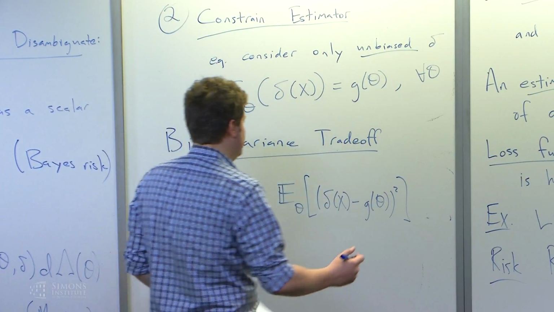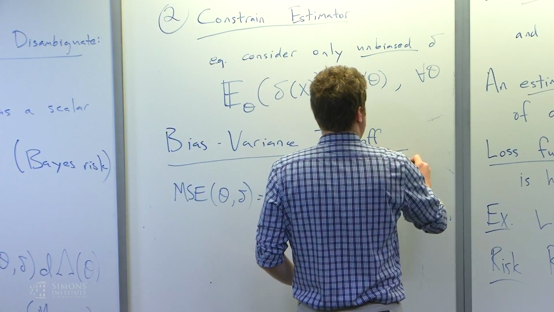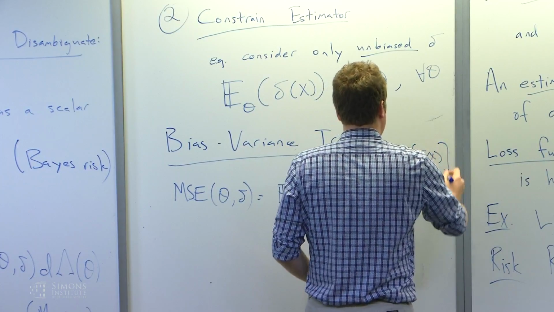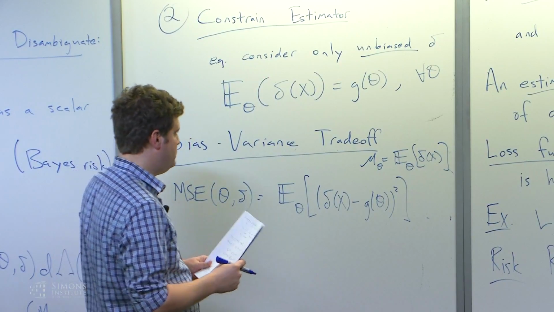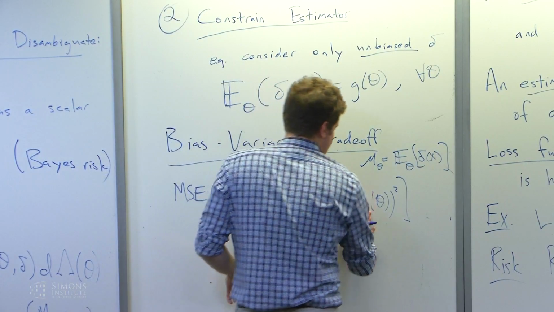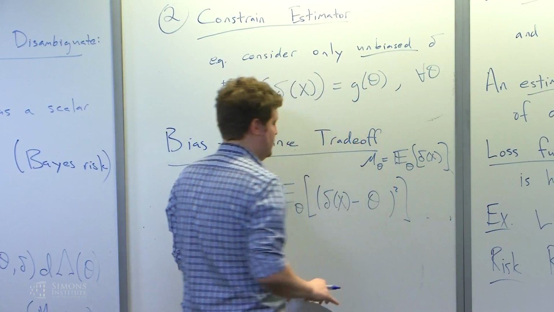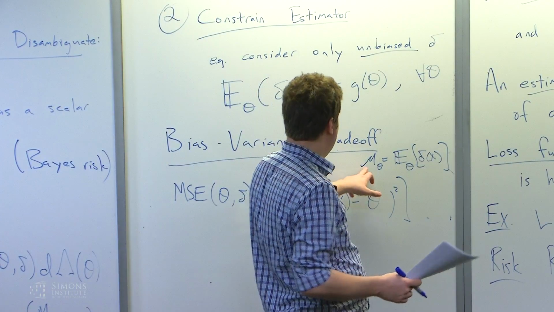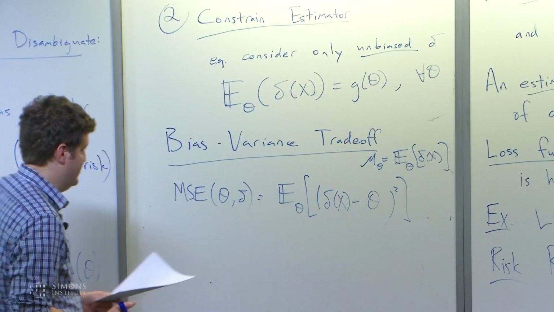Here I'm going to define mu sub theta to be the expectation of delta of x. And just to simplify the notation, I'm going to use theta here instead of g of theta. So mu sub theta would just be equal to theta if delta of x were an unbiased estimator.